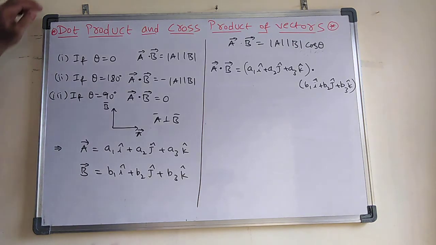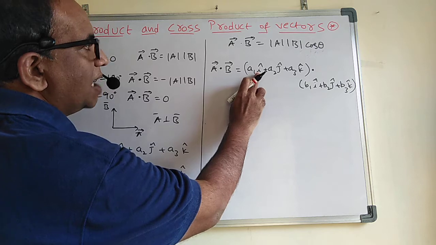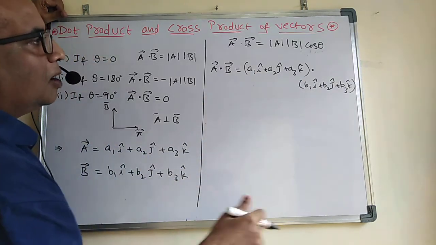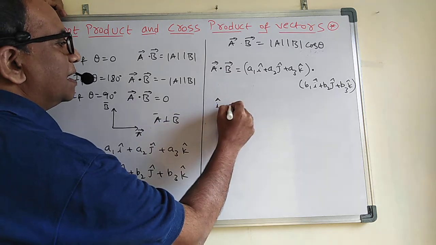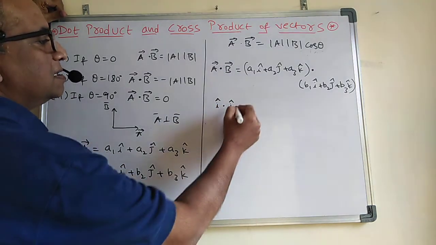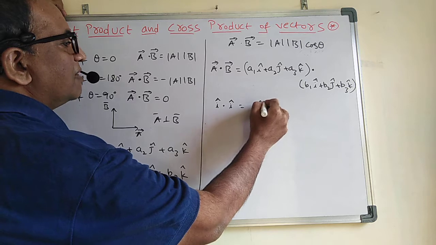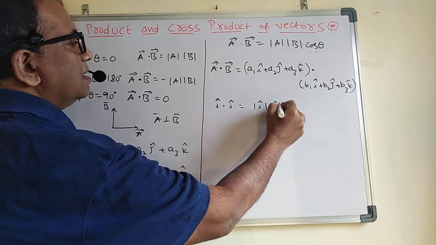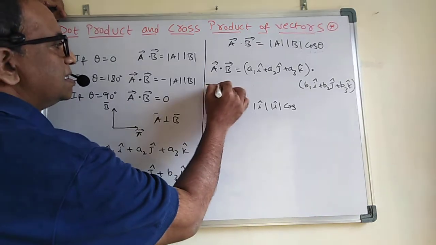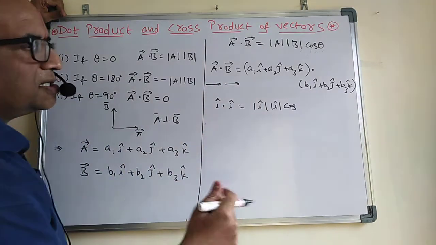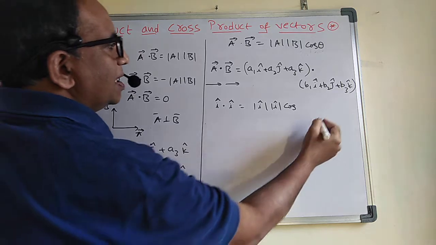Carefully, when you are doing the dot product, we are doing i dot i. How can you define this i dot i? i dot i is equal to modulus of i into modulus of i into cos theta. Here both are i, so both are in the same direction. What is the angle at that time?